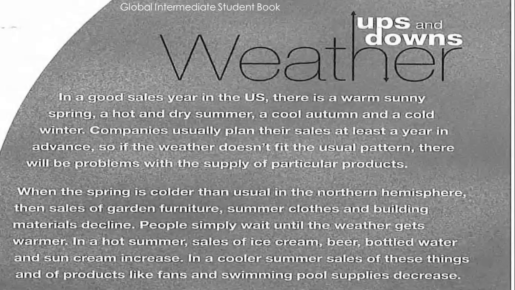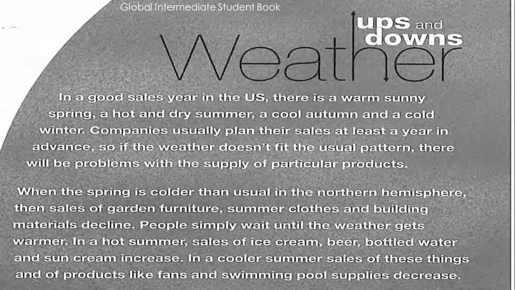So, in a good sales year in the US, there is a warm, sunny spring, a hot and dry summer, a cool autumn, and a cold winter. Companies usually plan their sales at least a year in advance, so if the weather doesn't fit the usual pattern, there will be problems with the supply of particular products.